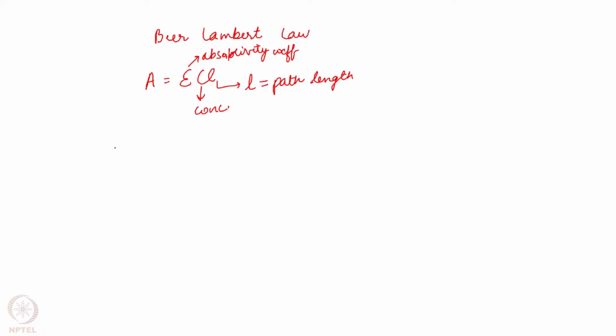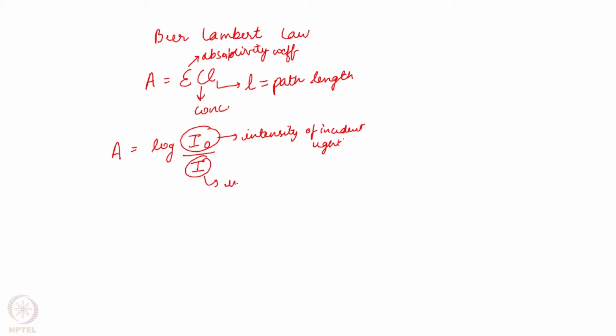Also, absorbance A can be written as log of I naught by I, where I naught is the intensity of incident light, and I is the intensity of transmitted light after passing through the sample.